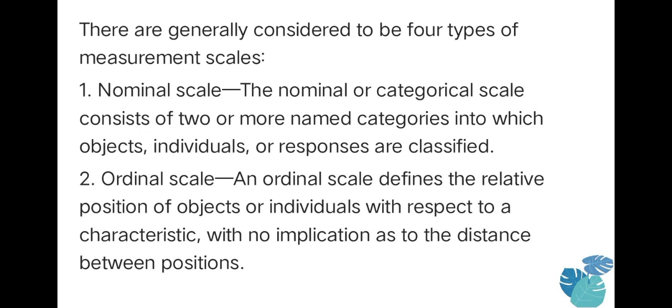There are generally considered to be four types of measurement scales. One, nominal scale. The nominal or categorical scale consists of two or more names into which objects, individuals, or responses are classified.